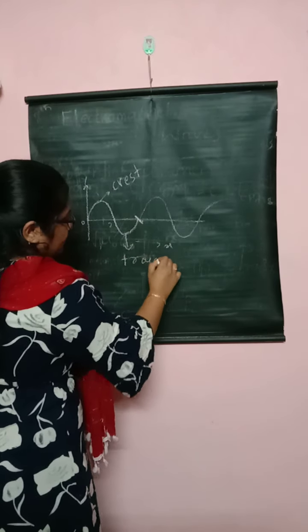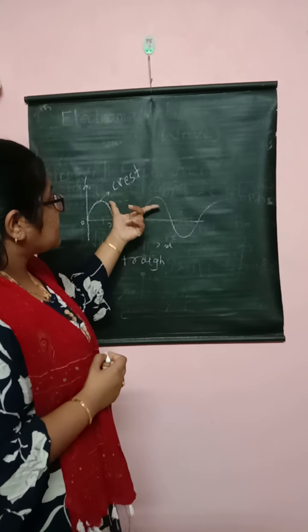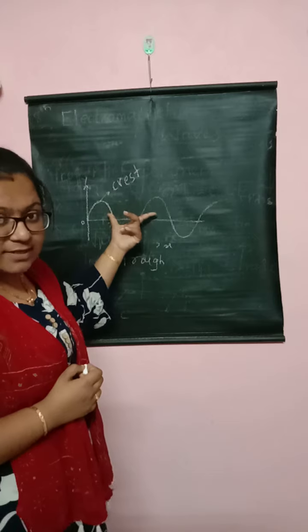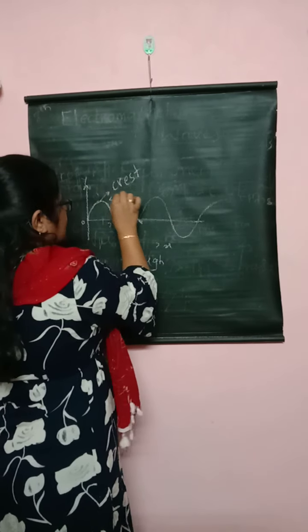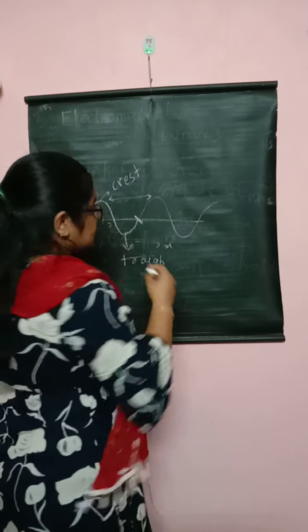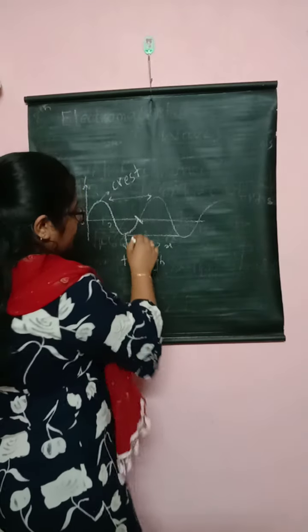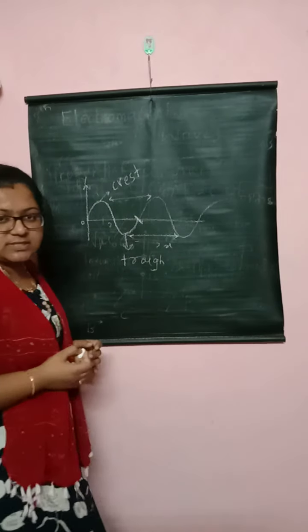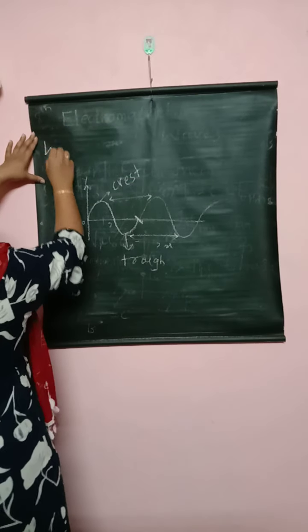You know it already. Okay, so the distance between two consecutive crests, or the distance between two consecutive troughs, this distance is there, to that we call as the wavelength.